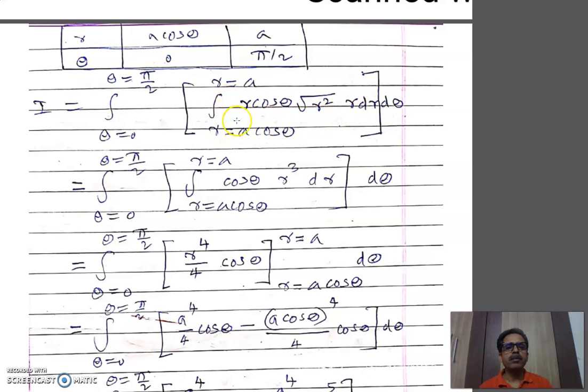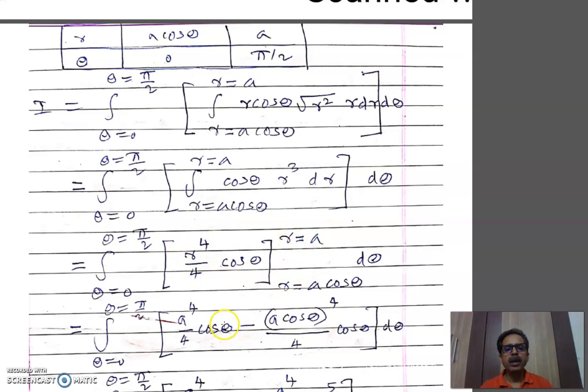For this square bracket, r is a variable and theta is constant. So this r became r cube, cos theta remains as it is, and the integration of r cube is r raised to 4 by 4, with these limits of r.